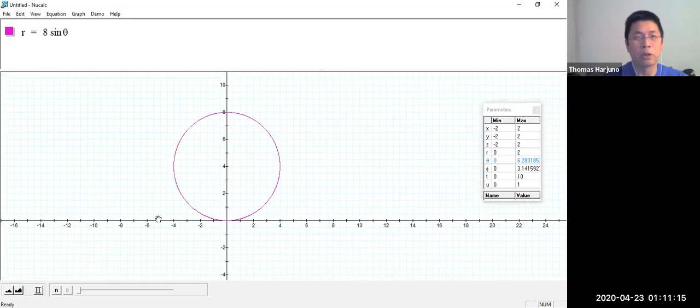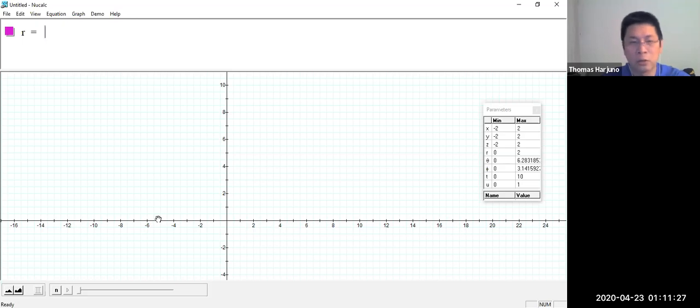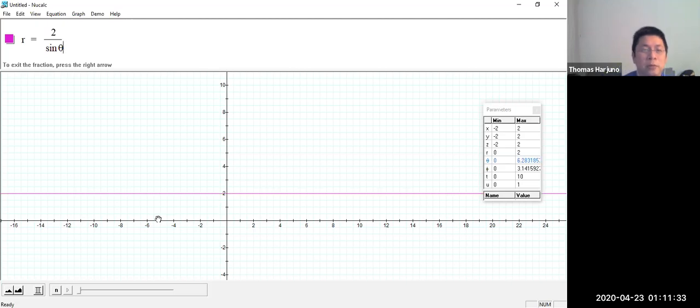Is symmetric with respect to the y-axis. Do you see that? Okay. We also have r equals 2 over sine theta. Remember that? That's also symmetric with respect to the y-axis, right?